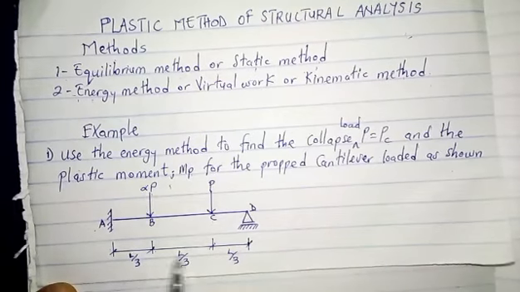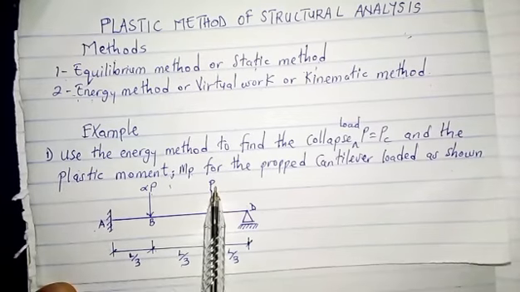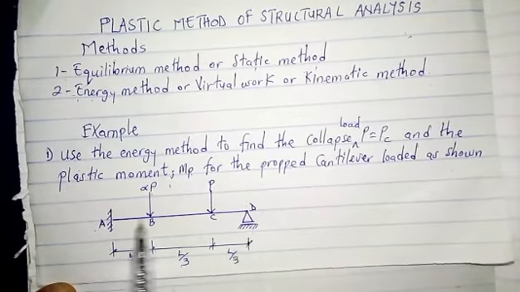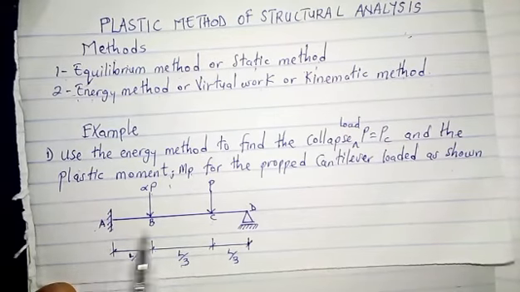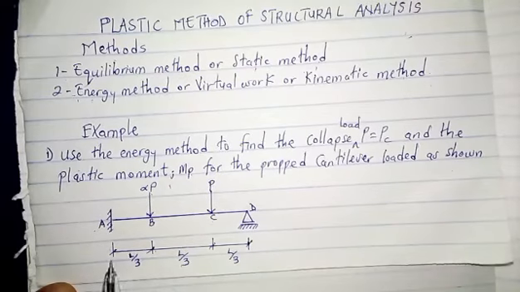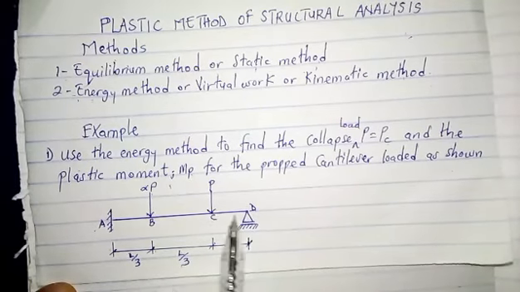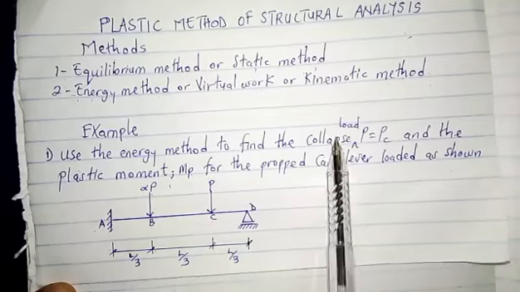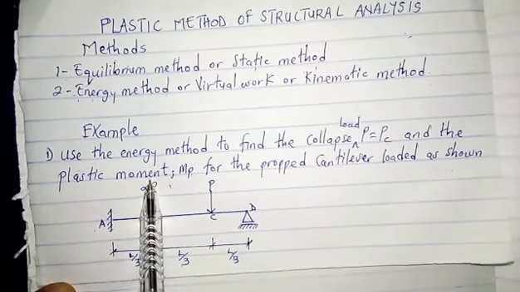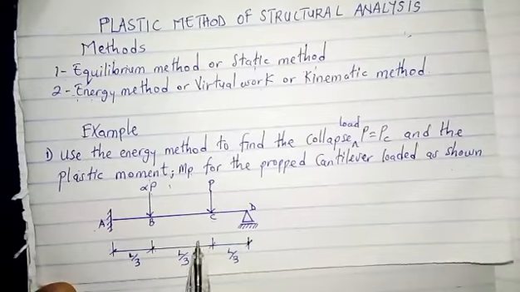This is our propped cantilever, loaded with the loads alpha P and P. It has two supports, one fixed and the other a roller, and the distances from A to B, B to C, and C to D are each L over 3. Now let's go to the solution and see how to get the collapse load and the plastic moment for this propped cantilever.